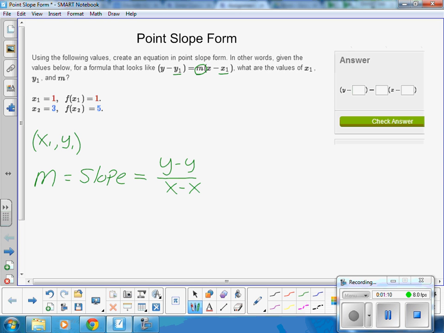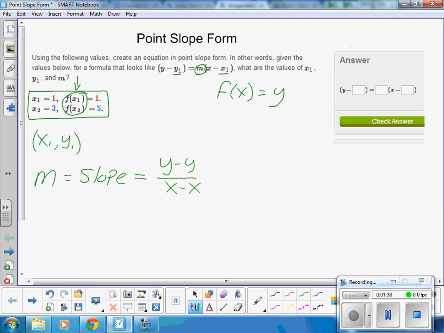Now some of you might not recognize that what they're giving you here is 2 points. First of all, you have to remember that f of x equals y. It's just a notation. We talked about it, I believe, on Friday. F of x is equal to y. So right here, these are the y values for the red point and the blue point.